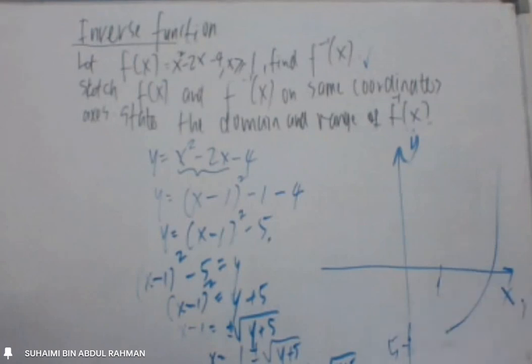Start here. This is for the function f. f(x) is the function of (x minus 1) squared minus 5.